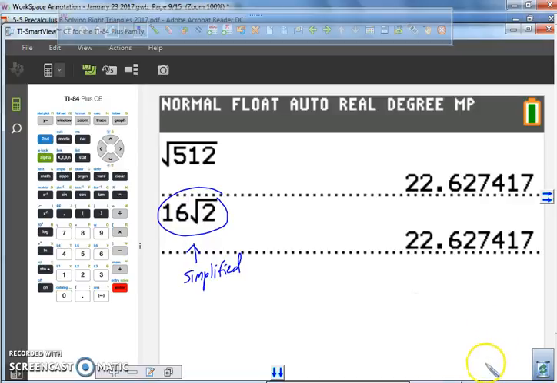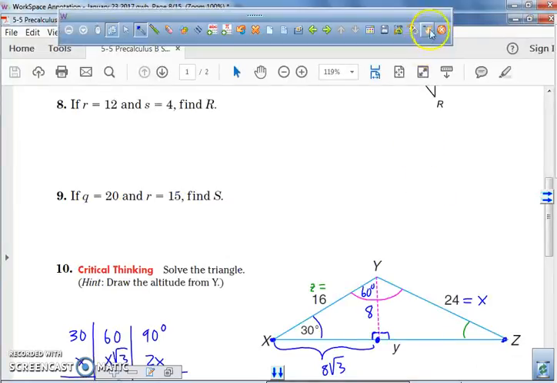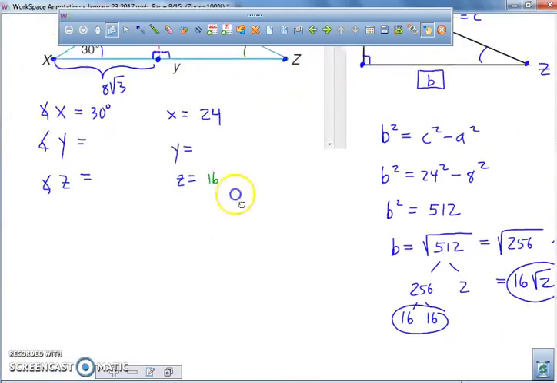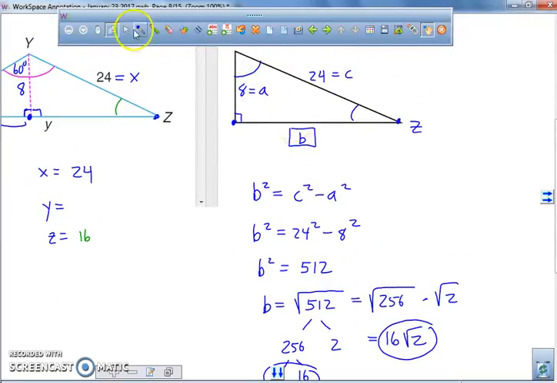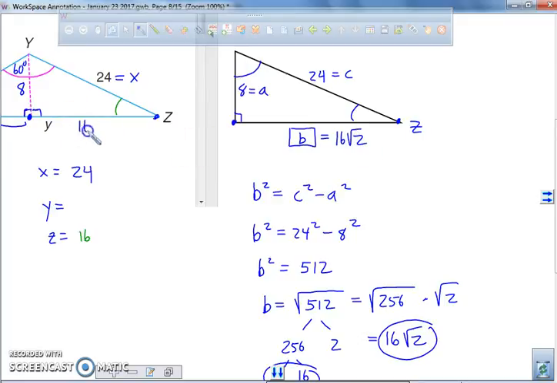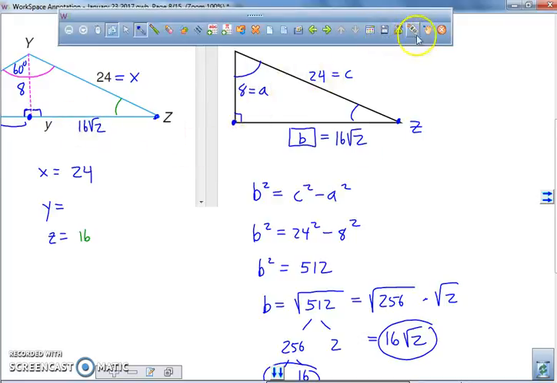So for this leg, right here, that is 16 radical 2.